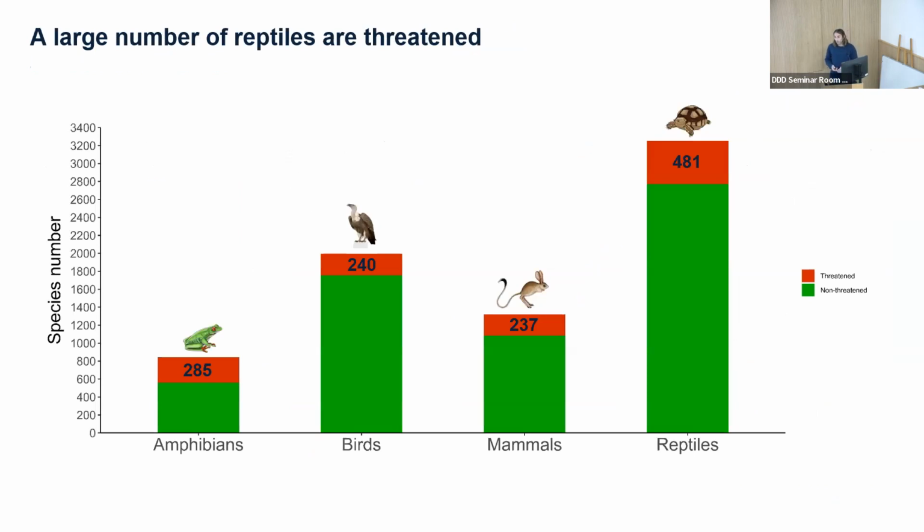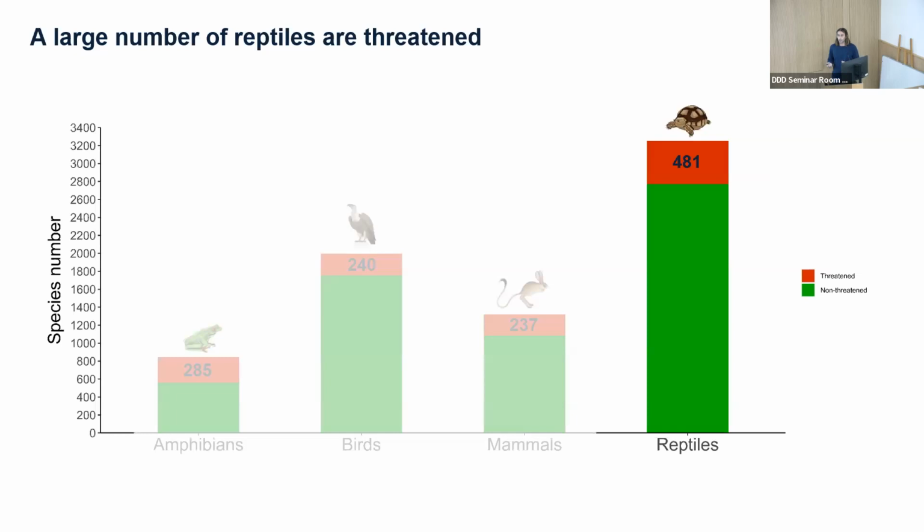This shows a total number of vertebrate species by taxa and their threat categories, and this highlights that reptiles are considerably more diverse in drylands, 481 of which are threatened, and therefore deserve some attention in the context of global levels of protection.